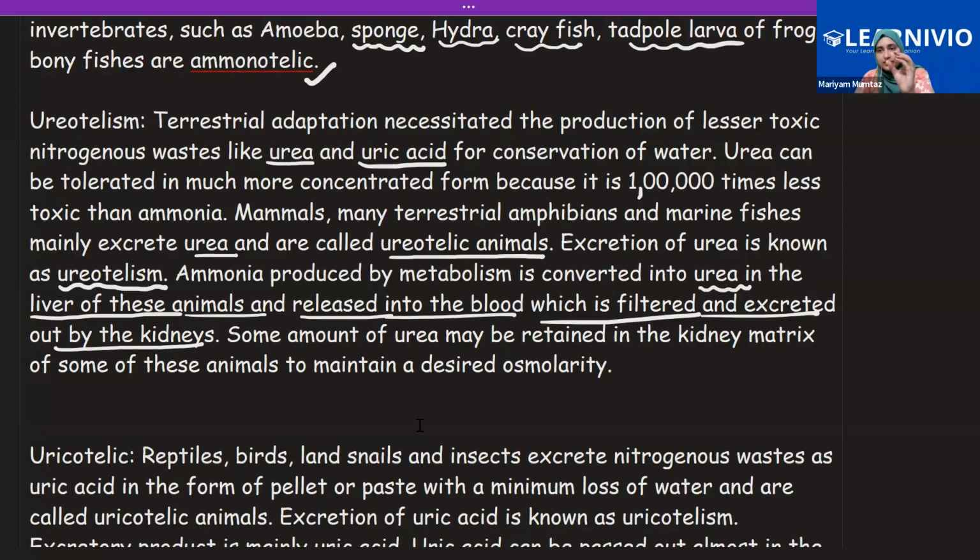No, some amount is retained. Osmolarity is the balance of the ions in our body. The osmotic balance of our body is called the osmolarity. So that has to be maintained, and for that, some amount of urea is retained. Clear? Understood? So this was about ammonotelism and then ureotelism.